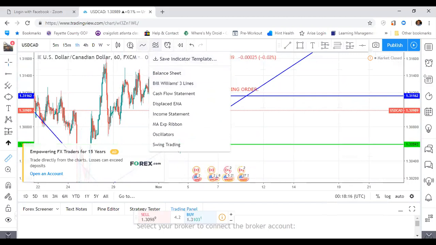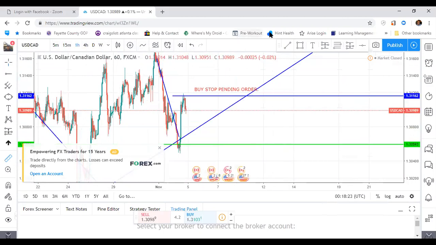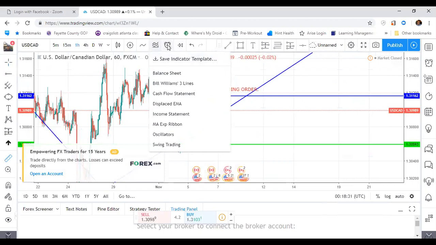Where is my stochastic? Nope, that's not it. There we go. Indicator templates. Well, they changed it on me. Let's see.